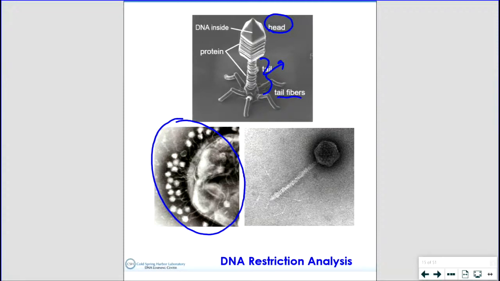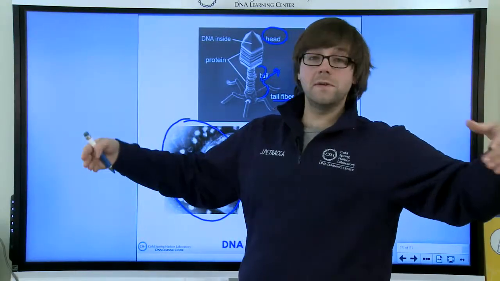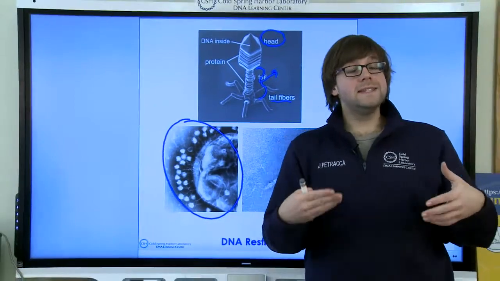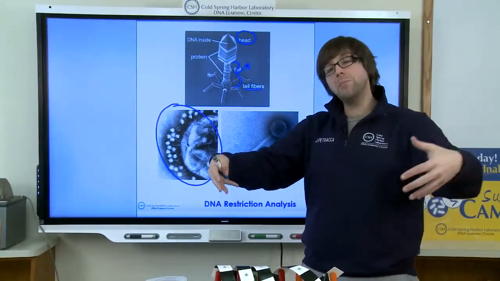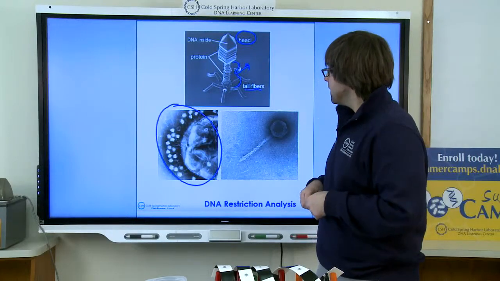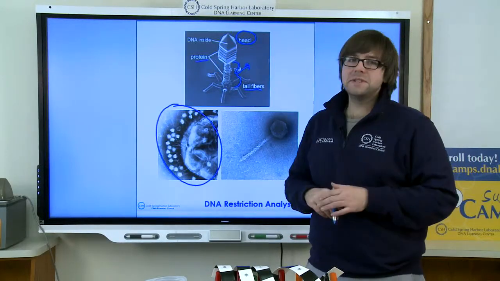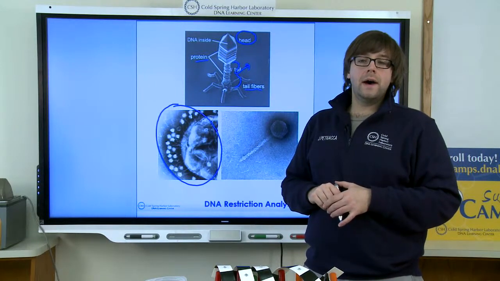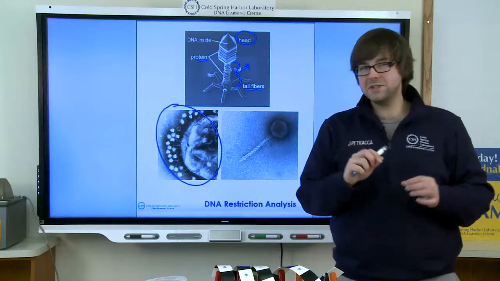These little tail fibers are essentially like landing machinery that help the virus identify specific target receptors on the surface of a bacterial cell and bind to that cell specifically. What you should notice is that both the capsid as well as the tail are made up of protein. However, again, these viruses are nanoscale.